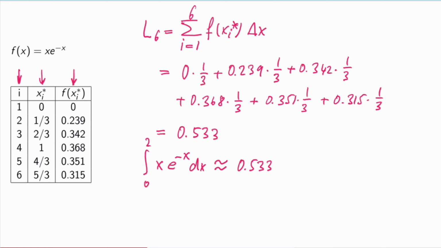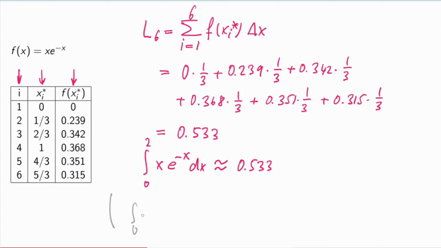Now if we want to get a better approximation, we use L7 or L8 or L100 or L10,000. Or as we have seen, we can use the right point rule, so maybe R1000, or the midpoint rule M1,000,000.